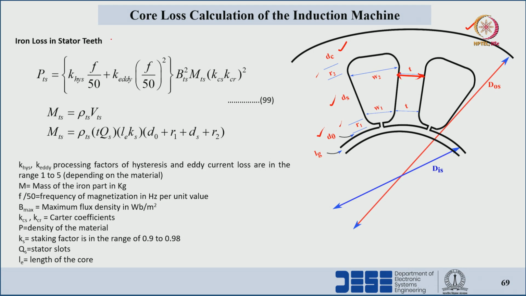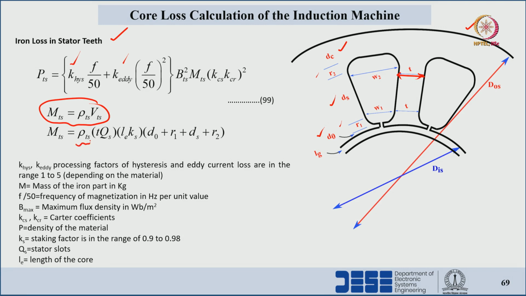First, we have to calculate the stator teeth iron loss. So, how to calculate the mass of the stator teeth? The hysteresis coefficient and eddy current coefficient for magnetic material like steel or iron we can get from the data sheets. So, MTS, the mass of the stator teeth, equals the density of the core material into the volume of the stator teeth.